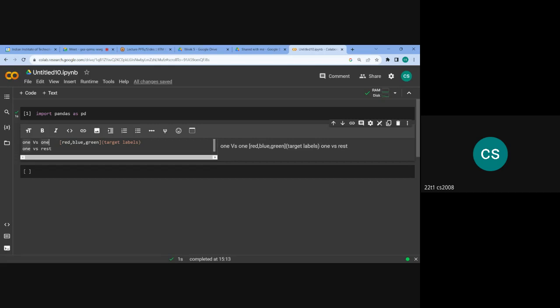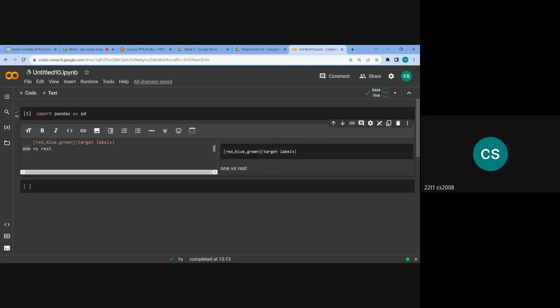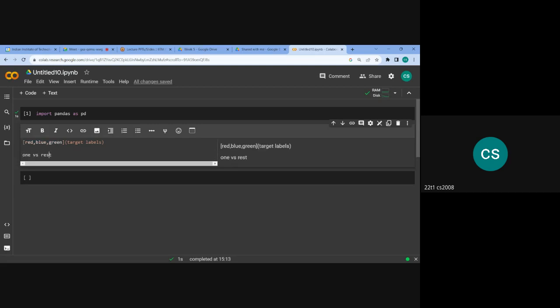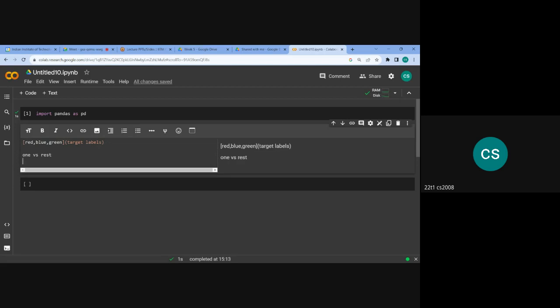So first, I require multiple classifiers. Inside one classifier there will be multiple classifiers that will work. That's why the one versus one and one versus rest concept comes in.